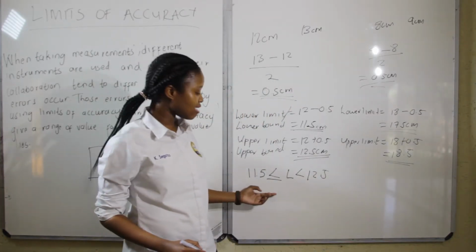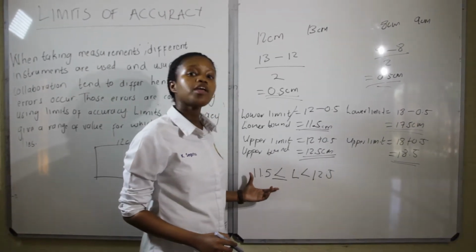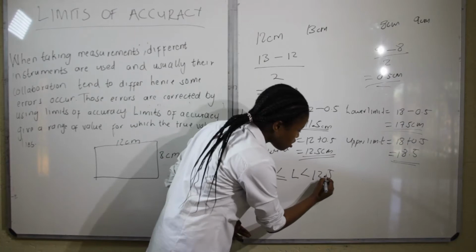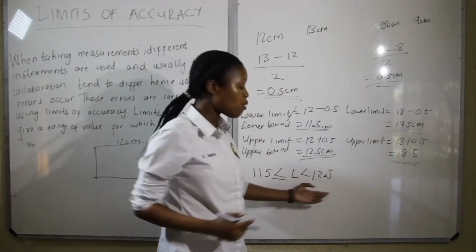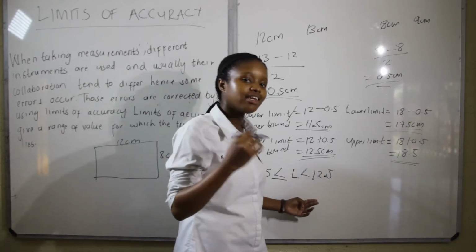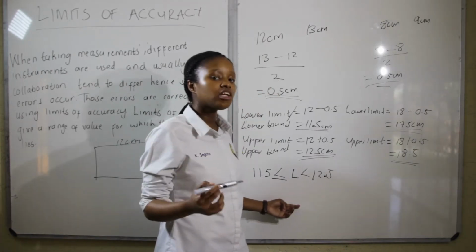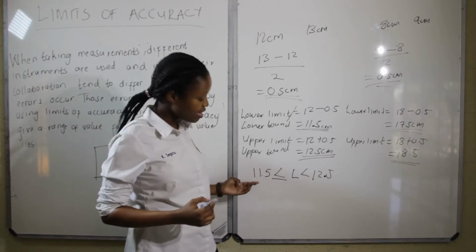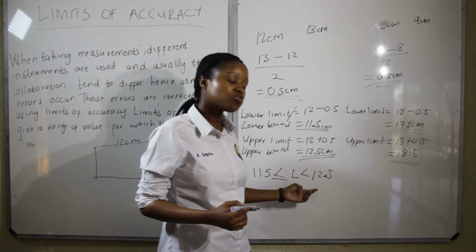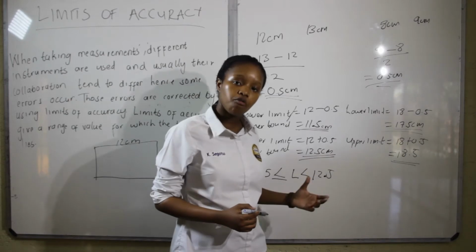It is telling us that our true value can be equal to 11.5, but it cannot be below 11.5. And if we go higher, even though it's higher than 11.5, it cannot reach 12.5. So it's less than 12.5. So our range is between 11.5 and 12.5.